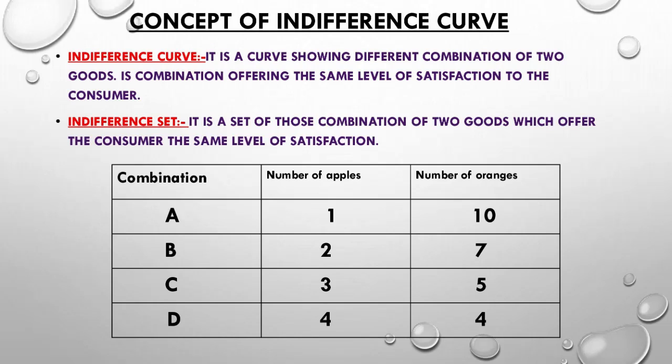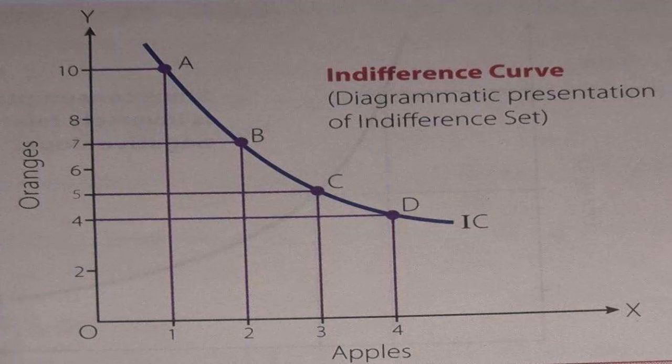So we try to draw a graph according to this table. On the horizontal axis there are apples, on the vertical axis we take the oranges. For apples we have 1, 2, 3, 4, and 0 is the origin, and for oranges 2, 4, 6, 8, 10. And you can see the graph.